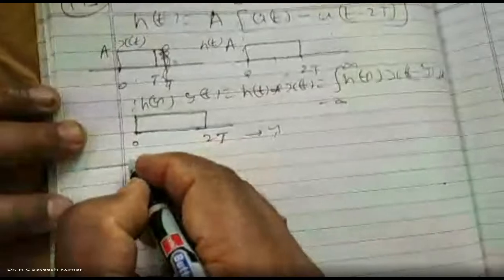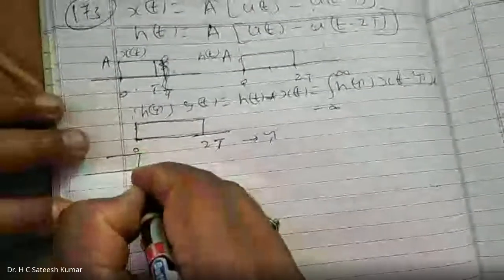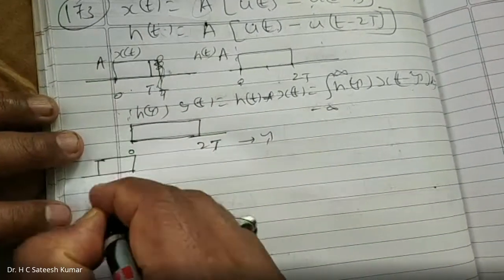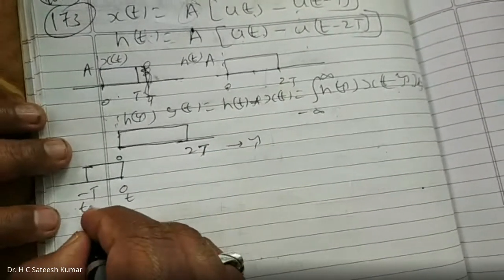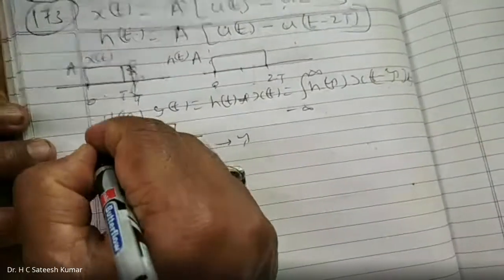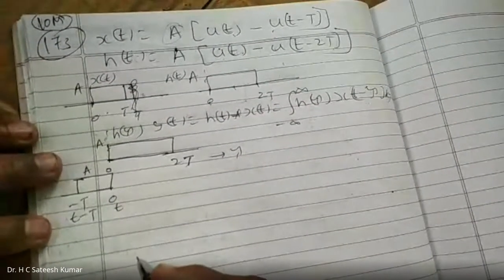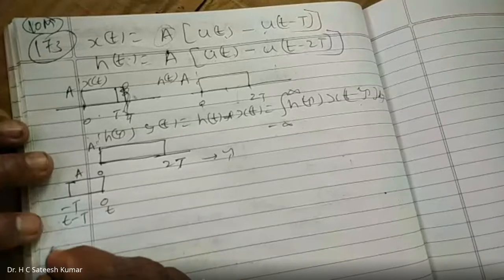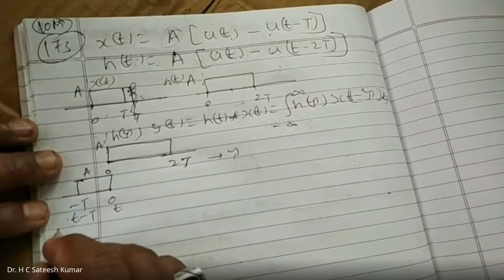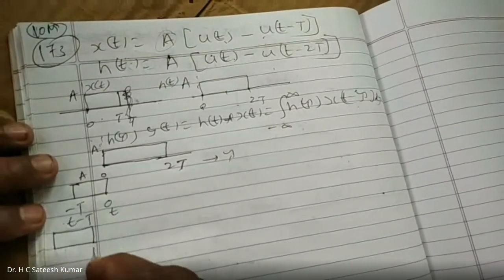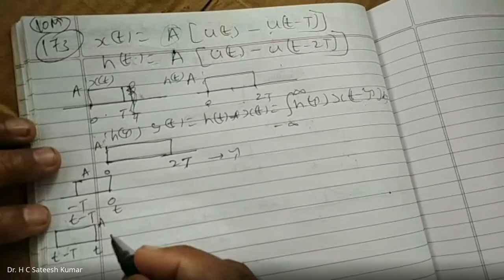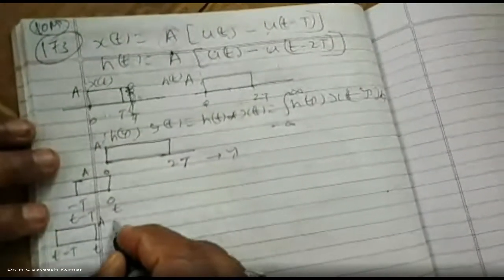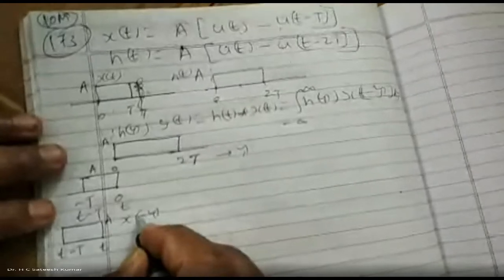Fold it. 0 to minus T. This is t minus T. Amplitude is A. Case number 1. This is t, this is t minus T. Amplitude is A. Okay, right. What is this one? X of minus tau. X of t minus tau.